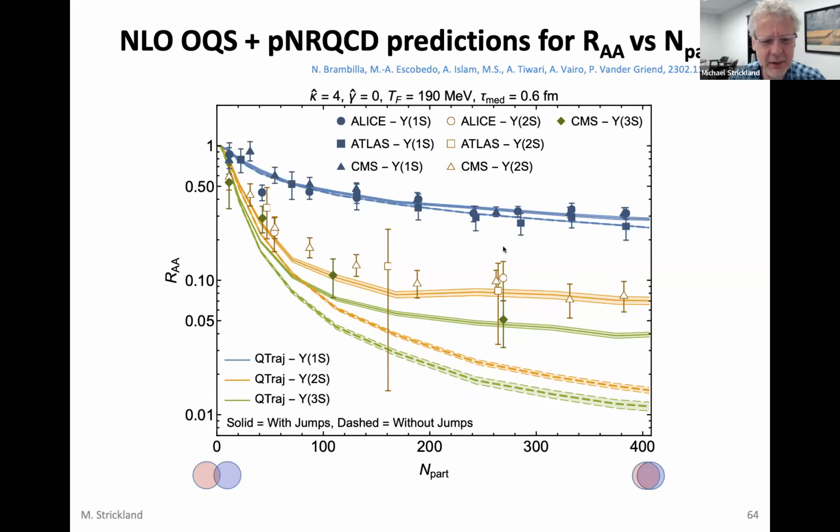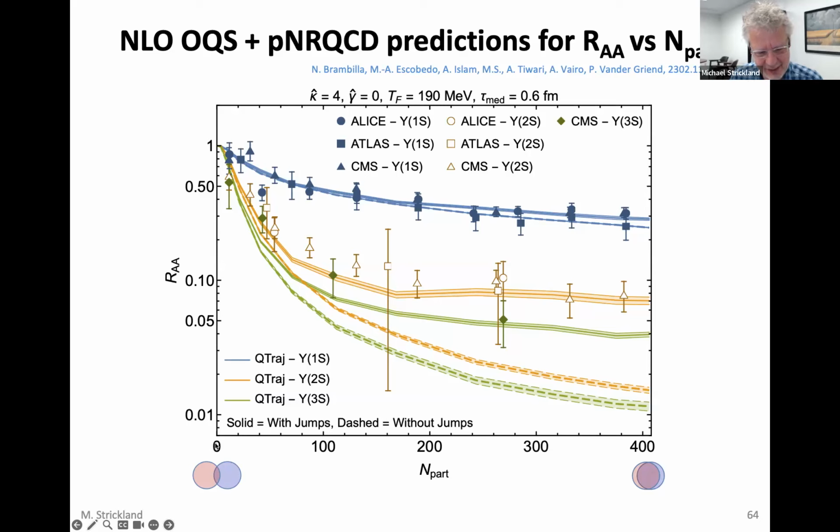Finally, good. So what's plotted here is from a paper in February of this year, where we've now gone into this next to leading order formalism. The horizontal axis is what's called N part, which is a measure of the centrality.